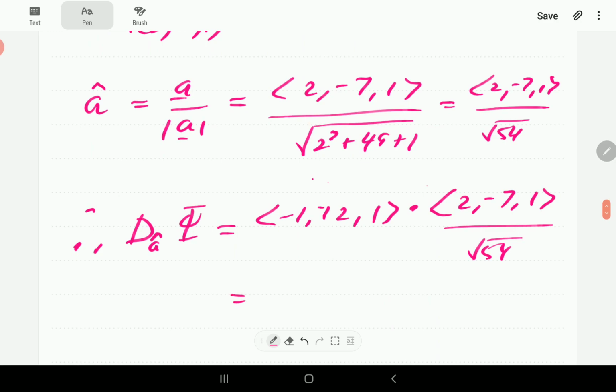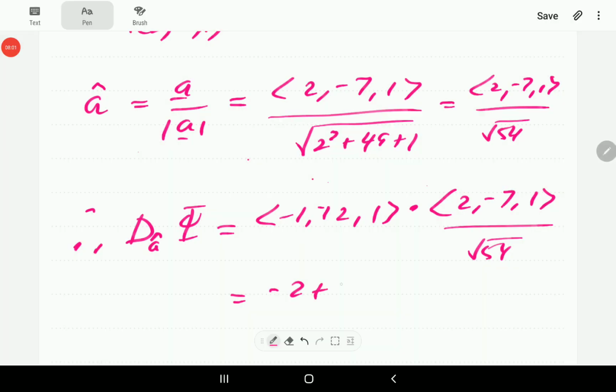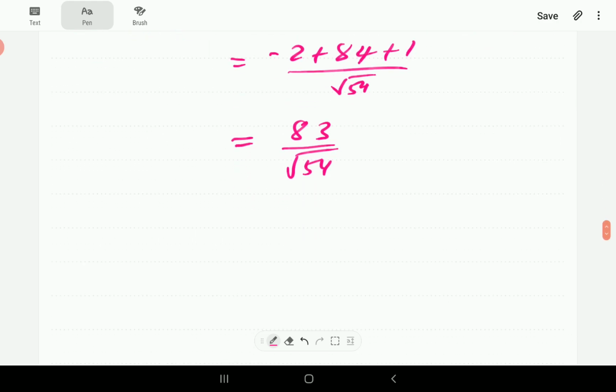So in the first instance, going to have minus 2, and then 7 times 12 is going to be 84, and then 1 times 1 is 1, divided by square root 54. So it's going to be 85 minus 2, it's going to be 83 over square root 54. So that completes our part A.